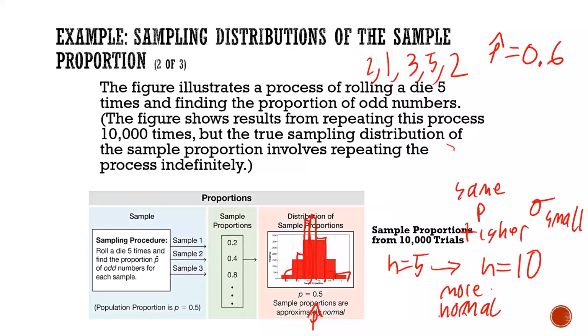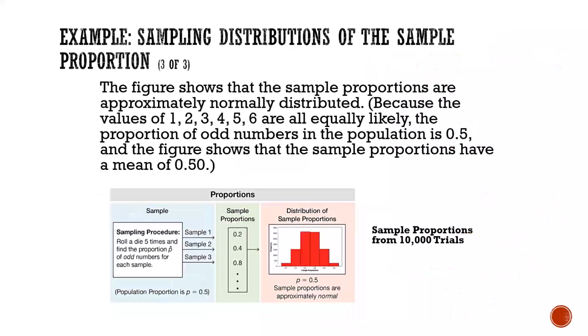With 10, you would have to have 10 odds in a row. So the larger n is, the more of the distribution will be in the center. And notice, this is the same thing as with the mean. Questions on this? So we see how this is very similar to the previous example.